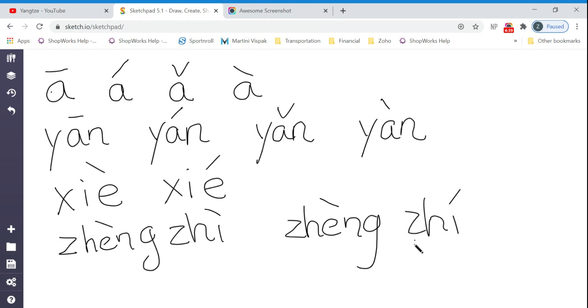The same zhèng with a different character, 正直, means honest. You can say somebody is 正直.